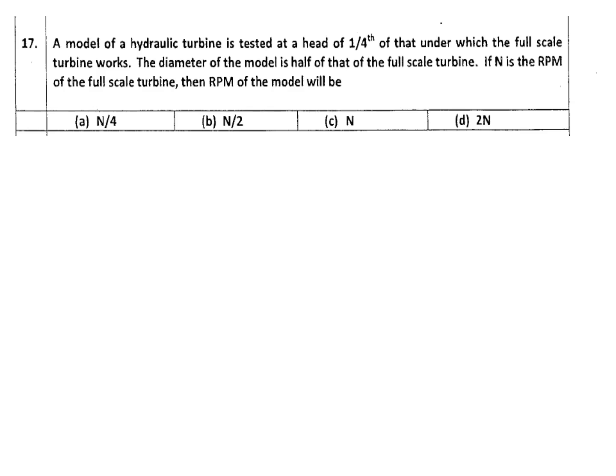Head of prototype by head of model is 4, and diameter of model by diameter of prototype is 1 by 2. It's half of the full-scale turbine.